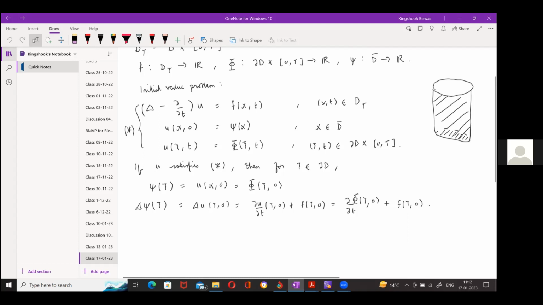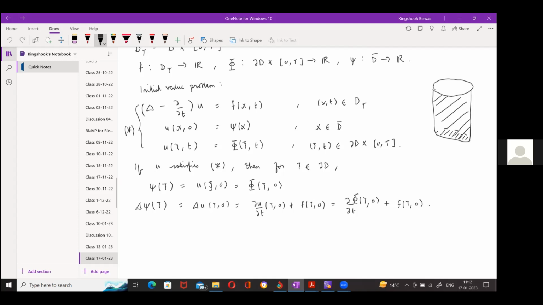If I look at time 0, and I take a point xi in boundary D, then what is psi of xi? That is u of (xi, 0), and by this third condition, this is also equal to capital Phi of (xi, 0). So a necessary condition for a solution to exist is that psi of xi is equal to Phi of (xi, 0) for xi in boundary D.